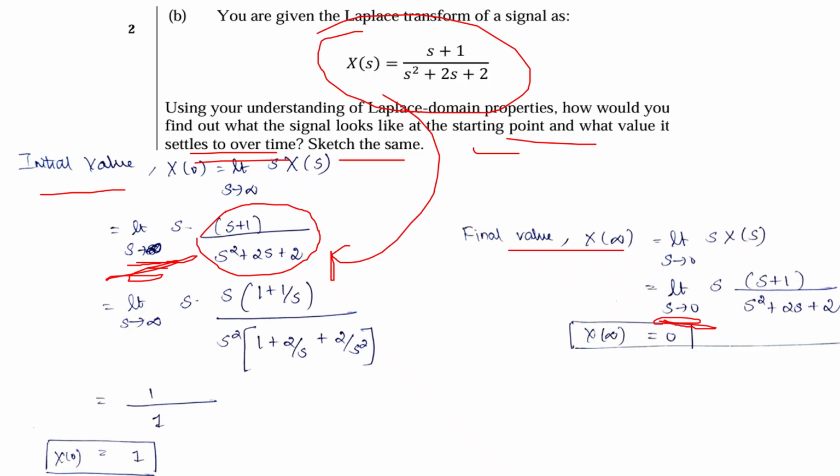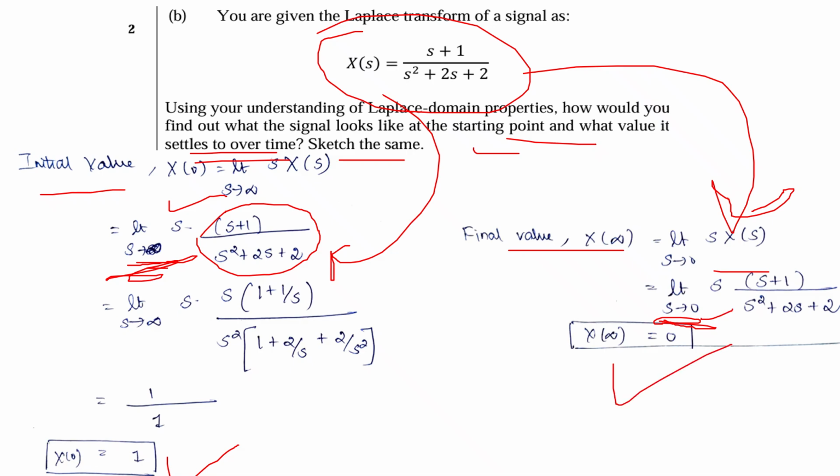Cancel out the remaining terms and you will get x(0) is equal to 1. Similarly, now again you have to rewrite the same equations in this manner, with s times X(s), and here as s tends to 0, you will get the value x(infinity) is 0.